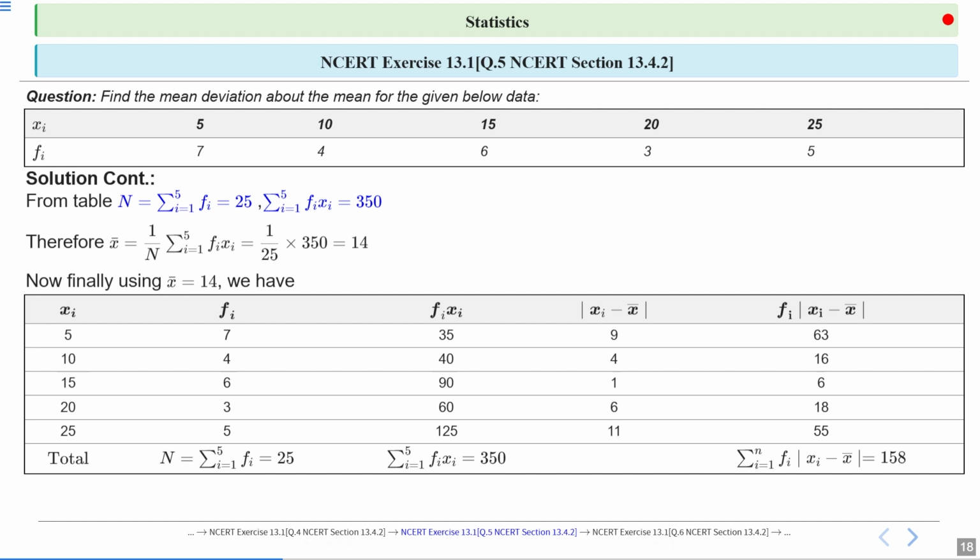Look at this table very carefully and see the data. Here you can see n equal to 25, summation f_i x_i is 350, and summation i equal to 1 to 5 of f_i multiplied with |x_i minus x bar| is 158.